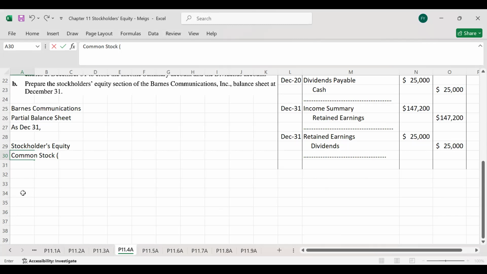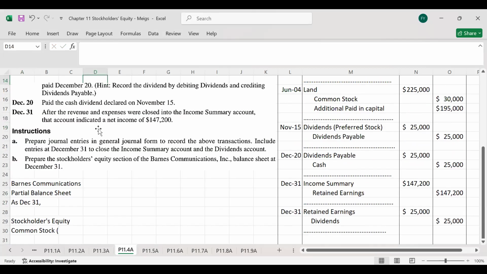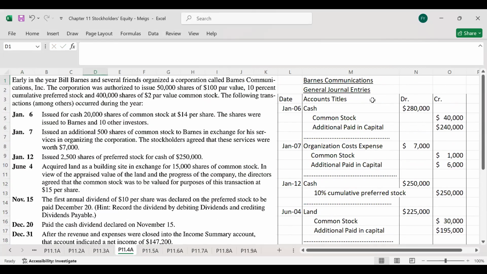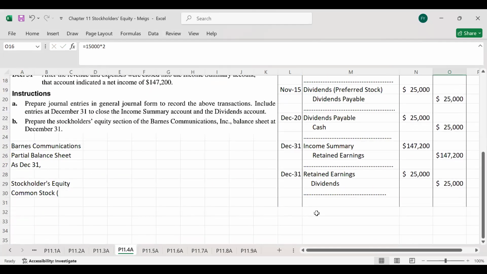So total, how many shares were issued, common stock shares, you can see common stock shares 40,000 plus 1,000, so 41,000 and 30,000. So total common stock issued 71,000 amount. You can write it here, common stock.